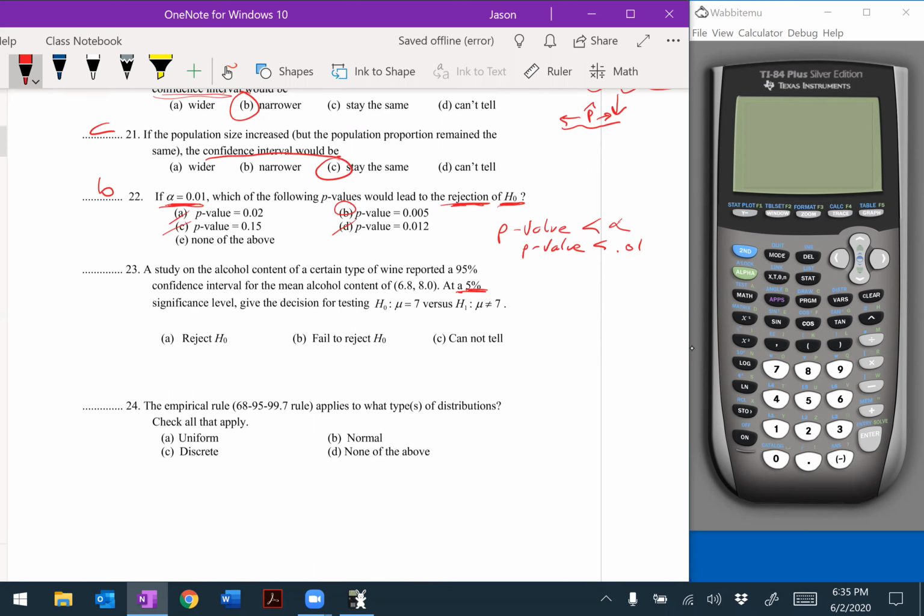Okay, so again, a confidence interval will give me the same information as a two-tailed test if it's not equal to.